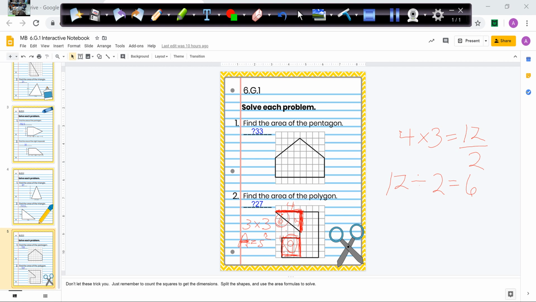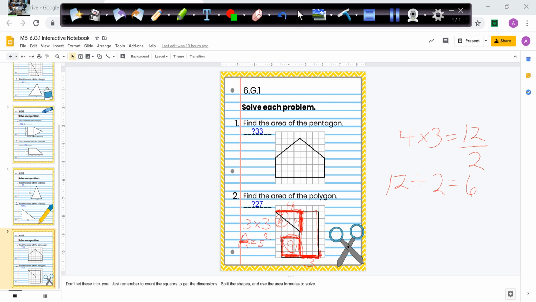Now we've got to find the area for this big rectangle. We count from here, 1, 2, 3 across. We don't count this part because we already included it as part of the square. So this part is finished. We're only counting right here, 1, 2, 3 going across, and then how many going up and down?